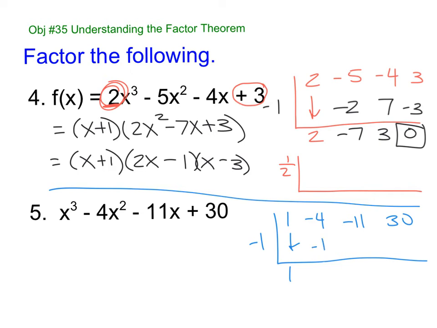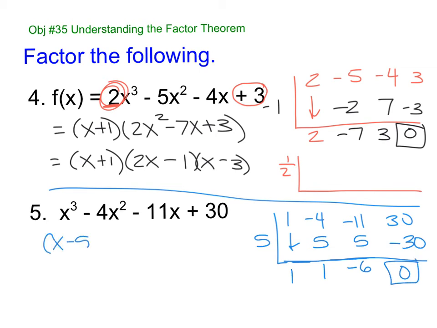Let's see, negative 1, negative 5, nope. All right, I'm going to try 5. I just, in my heart of hearts, I feel like it's going to be 5. Watch me be wrong. 5, 1, 5. Oh, I'm so smart. 0. 5 worked. So x minus 5.